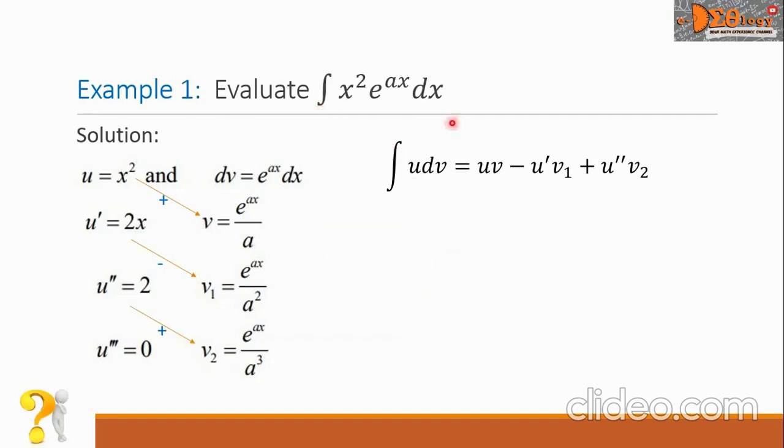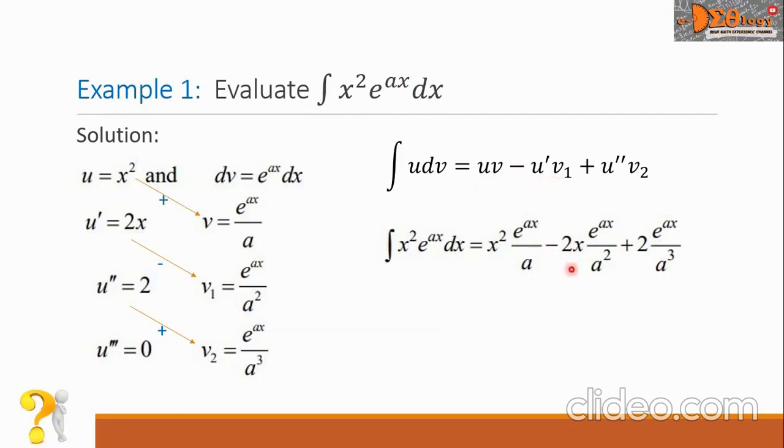Let us rewrite our problem. The integral of x squared times e raised to ax dx equals this uv, which we now write as x squared times e raised to ax over a, then minus u prime times v sub 1.